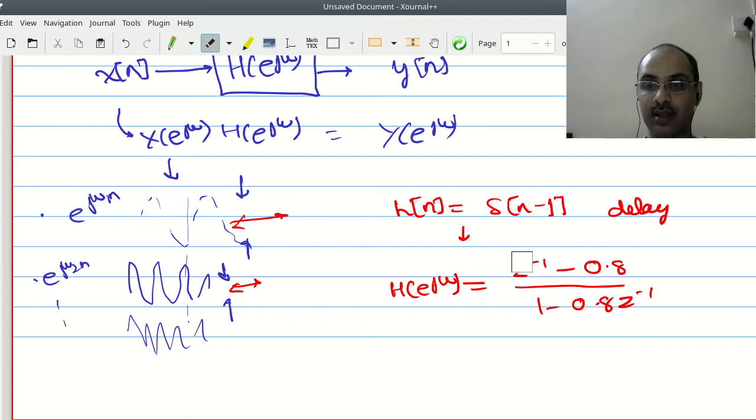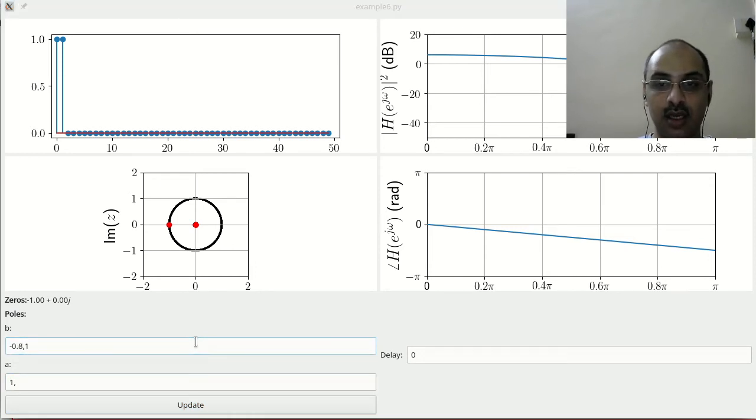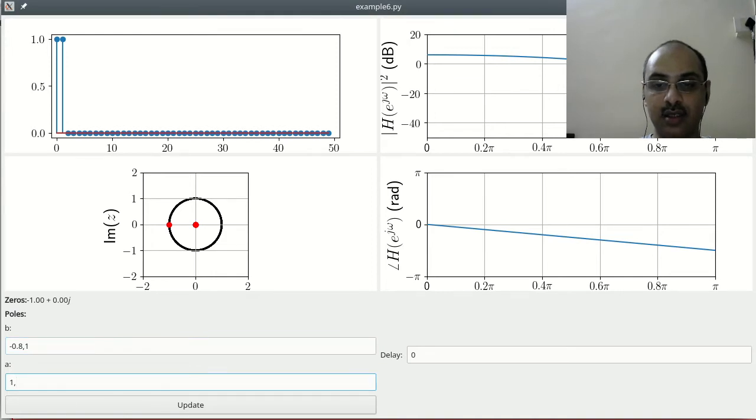So instead, I'm going to write e^{-jω}, I'm sorry, e^{jω}. I'm going to leave the calculation of h[n] for this as an exercise for you. But if you substitute over here, this is actually -0.8, 1 and 1, -0.8.